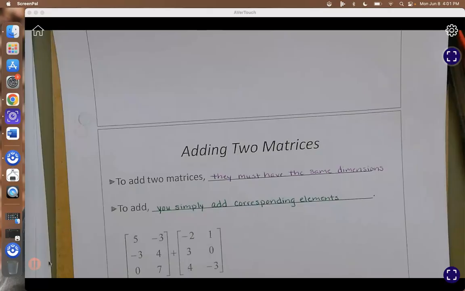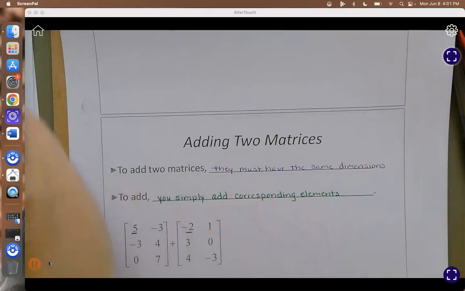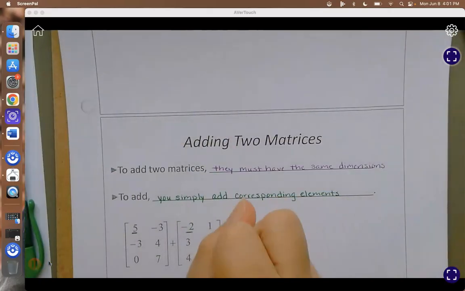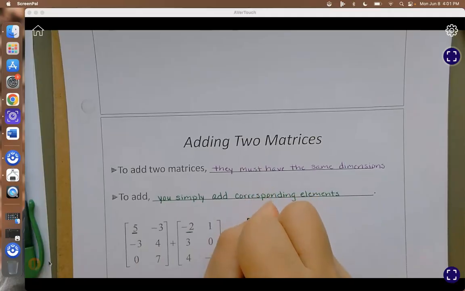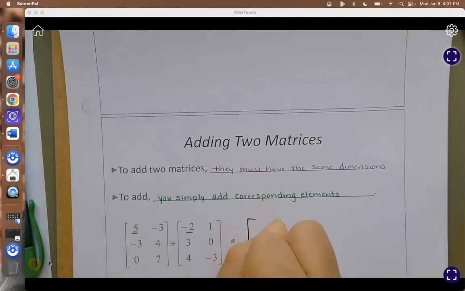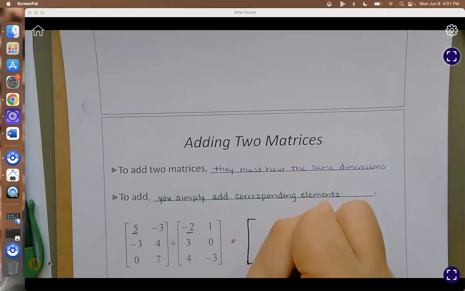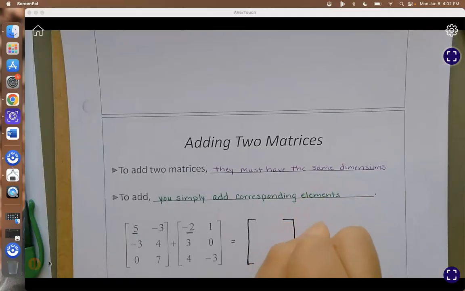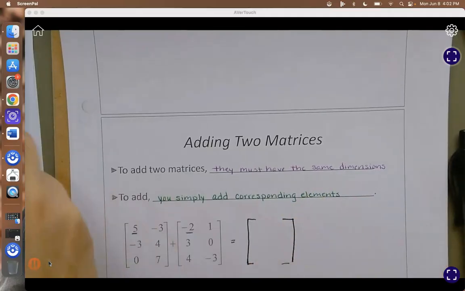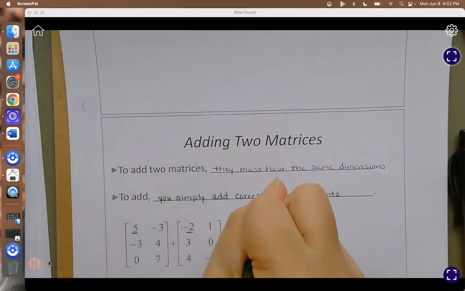Okay, so looking right here, we would add the 5 and the -2. Five and a -2 is 3.